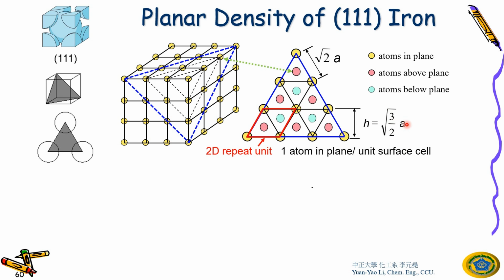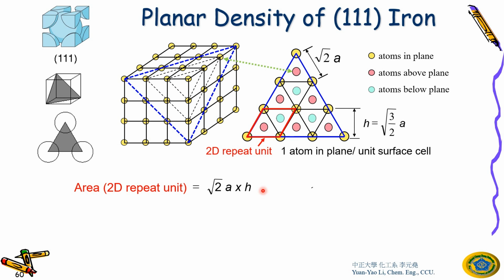Please go home and do this by yourself. I don't want to waste your time here. So you can do this. And then the area, can you do the area for me? Area is this one, right? The area will be this times this, right? So this times this, that will be the area.